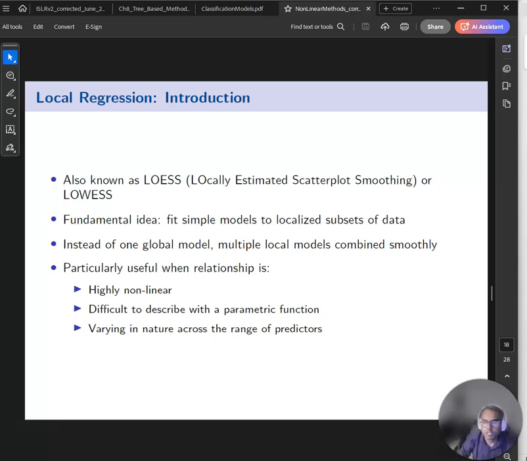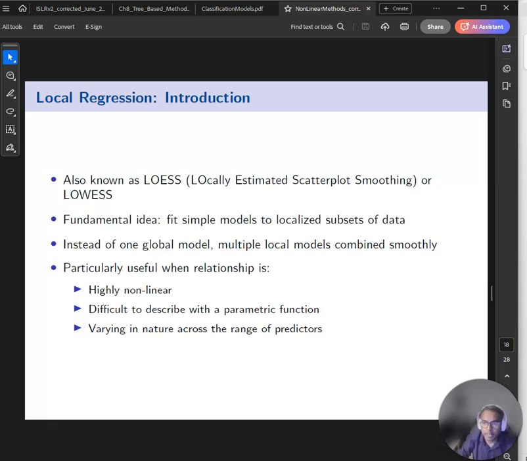Local regression is particularly useful when the relationship between your variables is highly nonlinear and difficult to describe with a parametric function. Think of situations where the relationship might be roughly linear in some regions, quadratic in others, and perhaps follow a completely different pattern elsewhere.